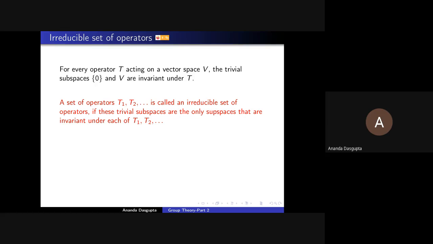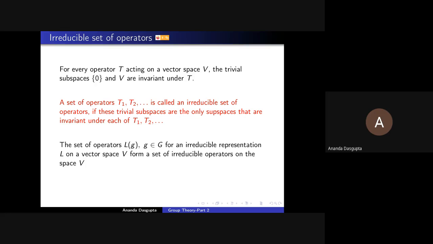Is this clear? You say a set of operators is irreducible if the only subspaces which are invariant under the action of all of them are the trivial ones. That is just the null vector and the whole vector space. And why are they so important? They're important for us in group theory because if you have an irreducible representation in group theory, that means you don't have any invariant subspaces under the action of all the LGs.